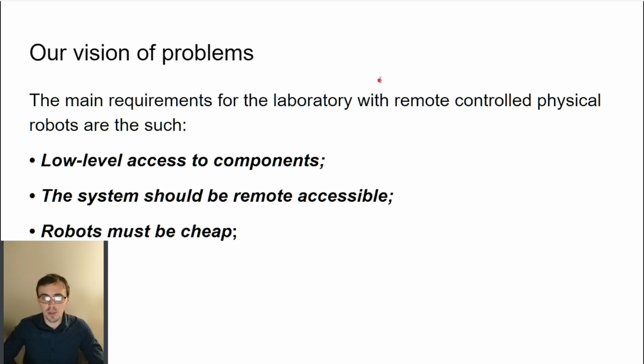Low-level access to components. Students must be able to send any signal to any component of the robot. The system should be accessible with any variant of student system customizing and internet provider requirements. And students should be able to design such a robot by themselves with minimal cost.